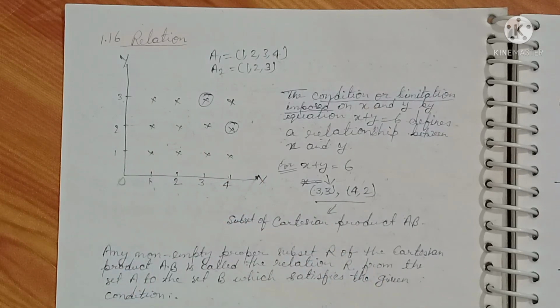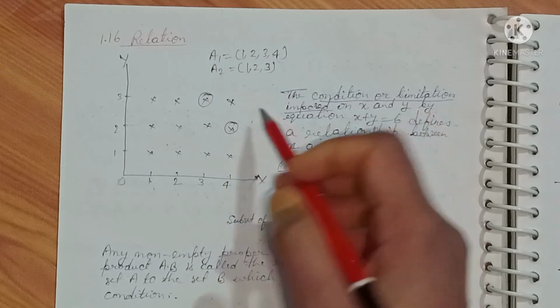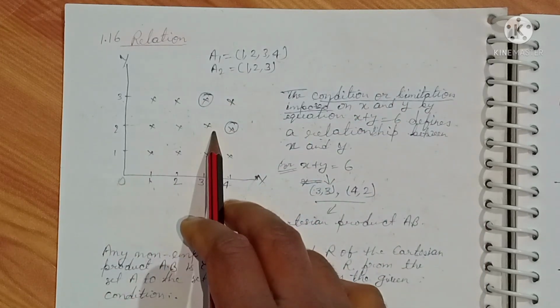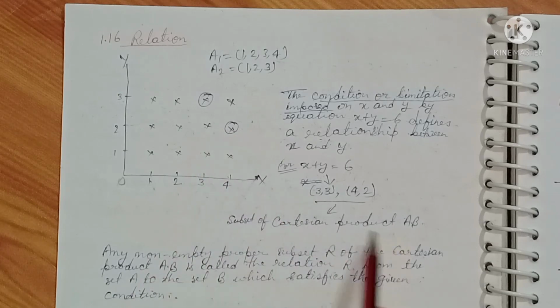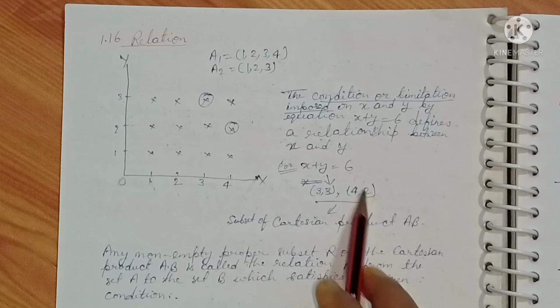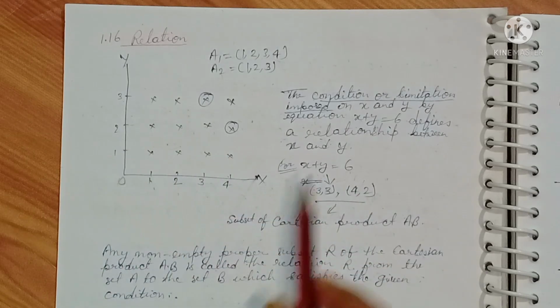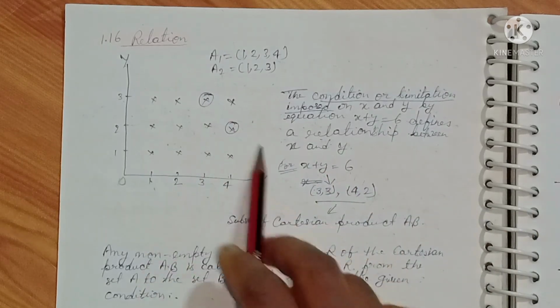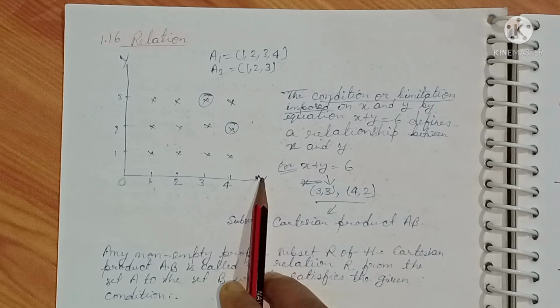Only these two, 3 comma 3 and 4 comma 2, only these two ordered pairs represent the relation, and others are not representing the relation. Others are ordered pairs of the Cartesian product but not the relation. Only these two give the relation.